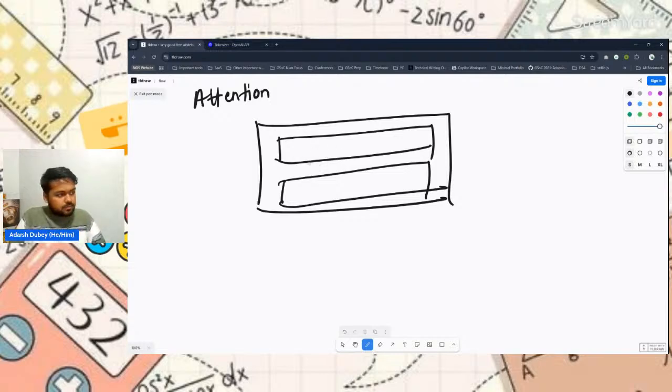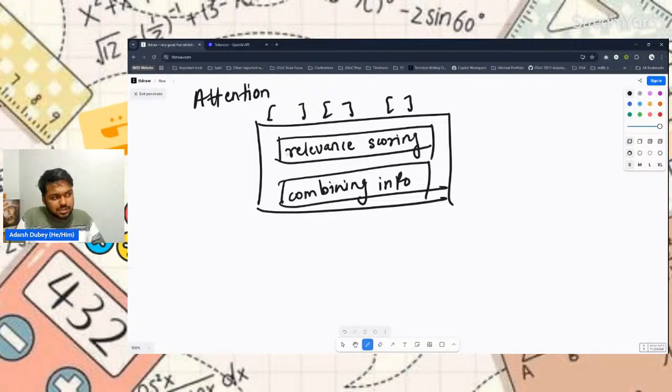Attention does two things. It does relevance scoring, and it does combining info. Now suppose the attention layer gets 3 embeddings. It will first decide the relevance score for each embedding along with the next embedding. So it will decide if these two embeddings are relevant or not, and it will actually give a score to the relevance.